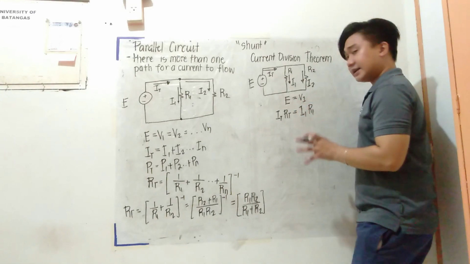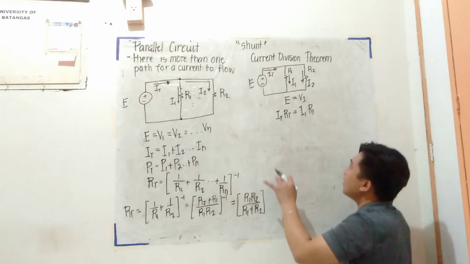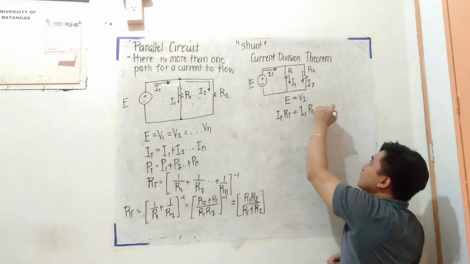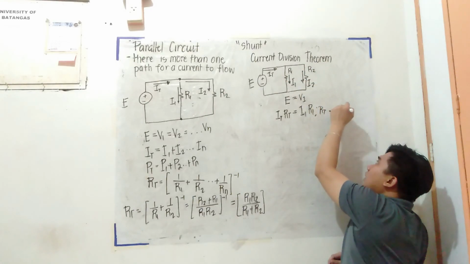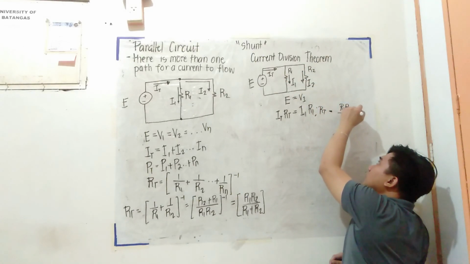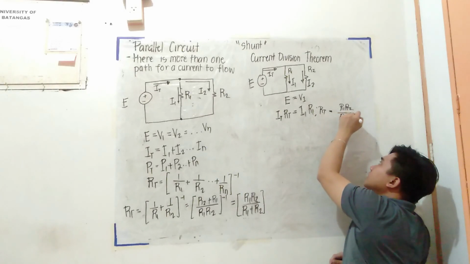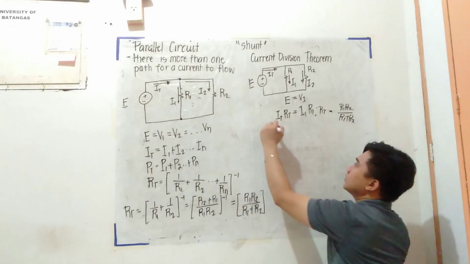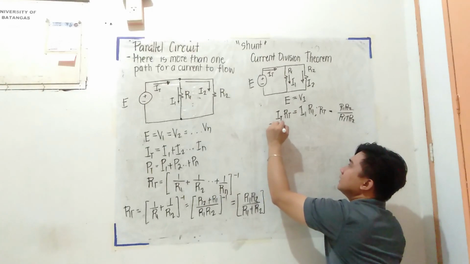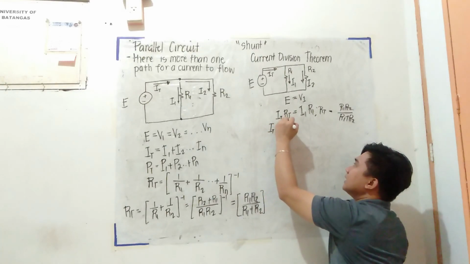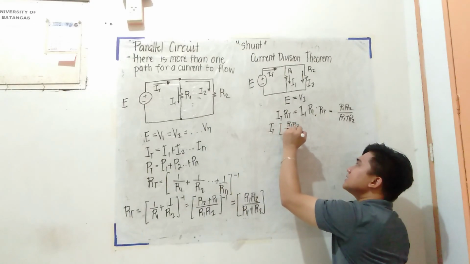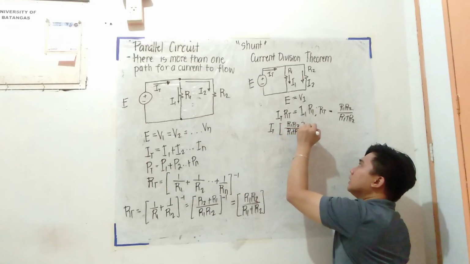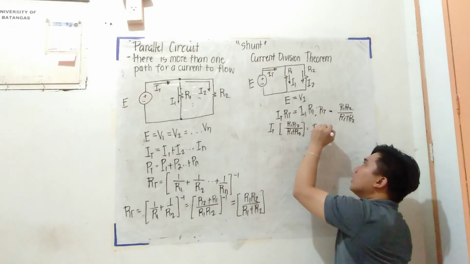Okay? Take note that R total in this connection, dalawa lang yan, is equal to R1, R2 all over R1 plus R2. So, that is I total times R total, which is R1, R2, all over R1 plus R2, equals to I1, R1.